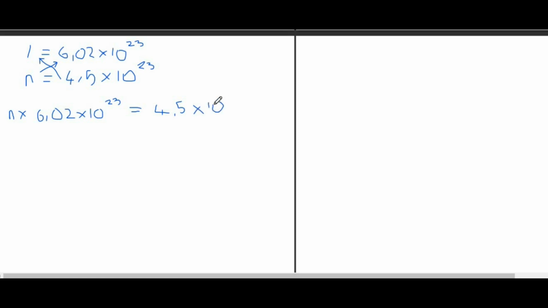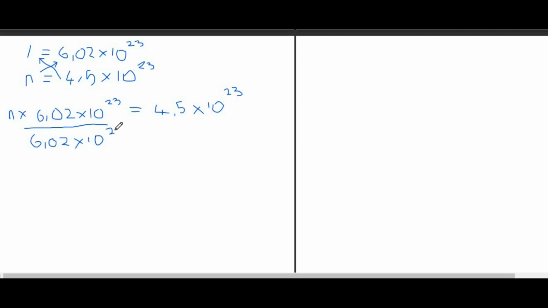Now you see that you have an equation like that, and then I have to solve for n. I will just divide both sides by 6.02 multiplied by 10 to the power of 23, because you're trying to make n the subject of your formula, right?